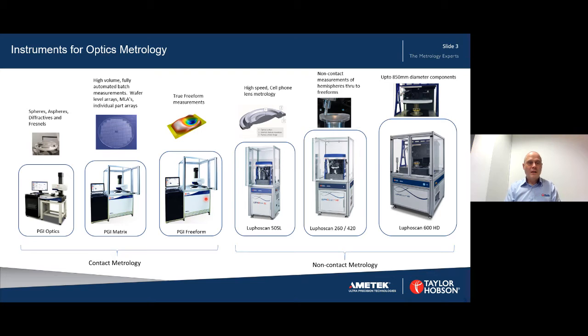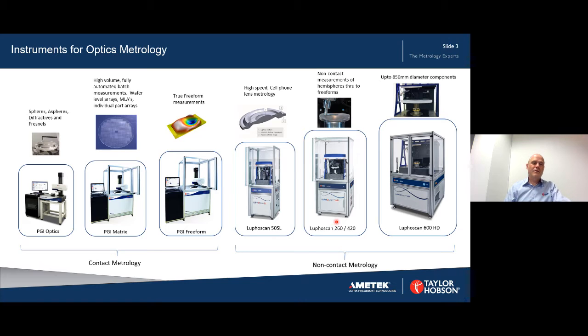The good thing with the PGI Freeform is as long as we can scan it, then we can generate a surface, so we don't need to have the prior knowledge of the surface design, and we can do pretty funky freeforms with it as well. So they're contact metrology, so we use a stylus, and the stylus contacts the component, as you're hopefully aware.